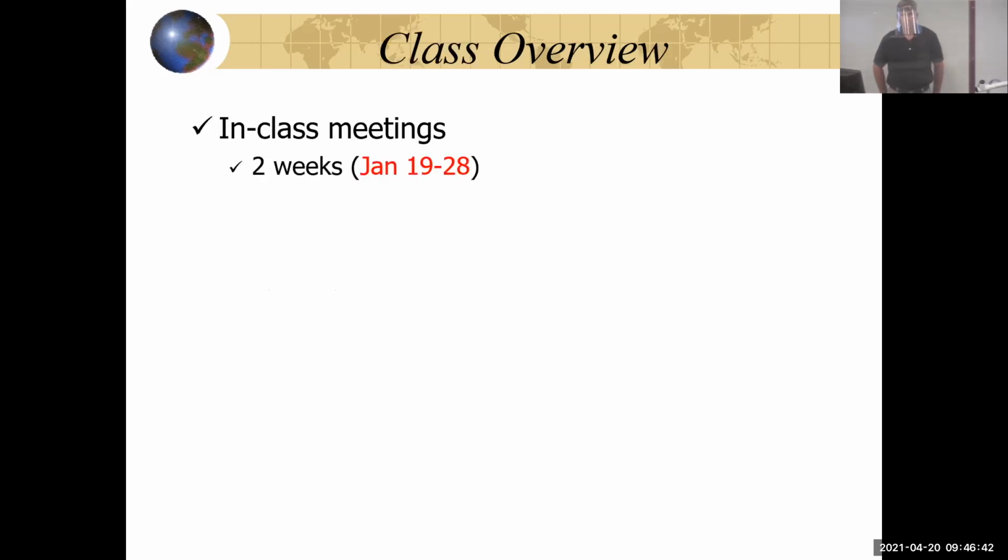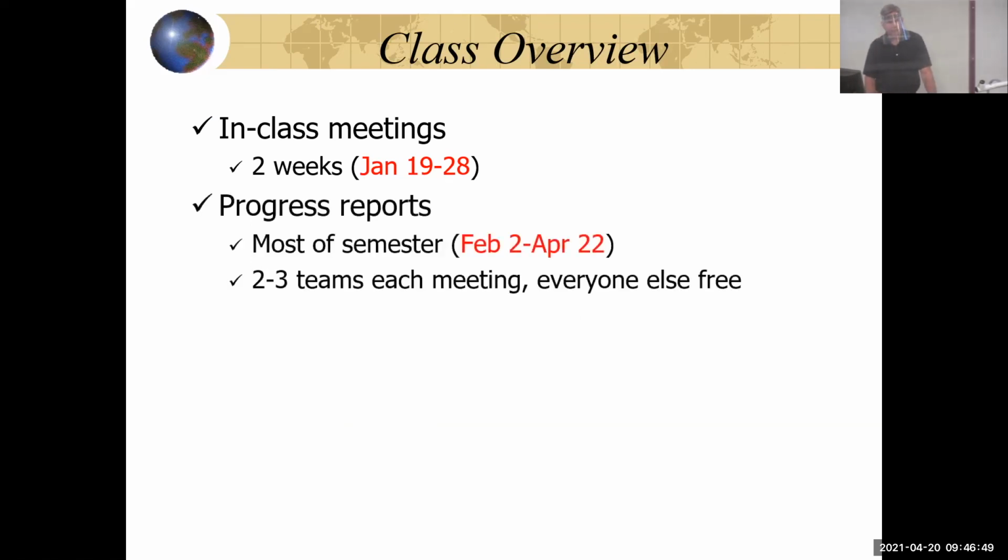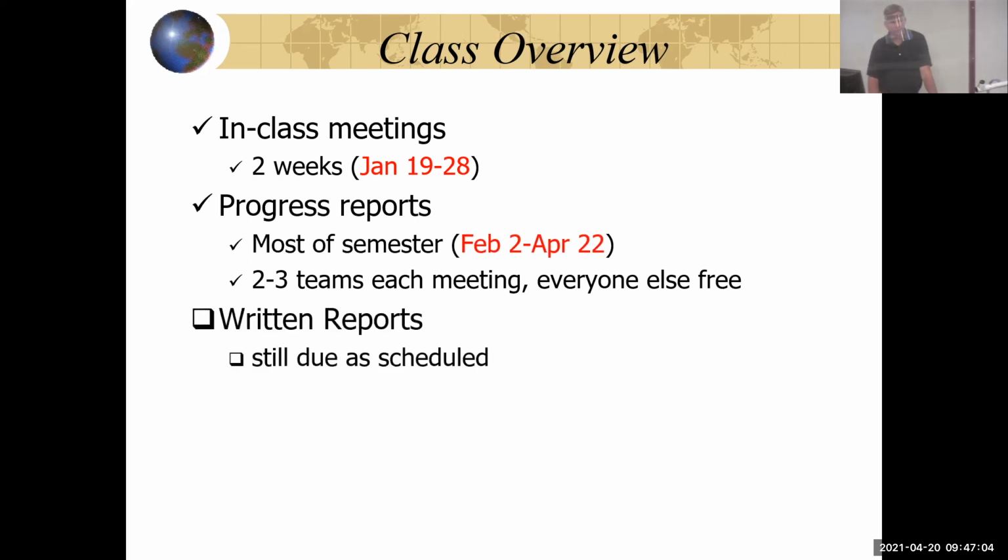Well, here's where we've come. First 2 weeks of class, we met together, and then we all separated, and we got into progress report mode. That's what I call phase 2 of the class. Phase 2 is now complete. We have finished the progress reports, but we still have written reports going on.